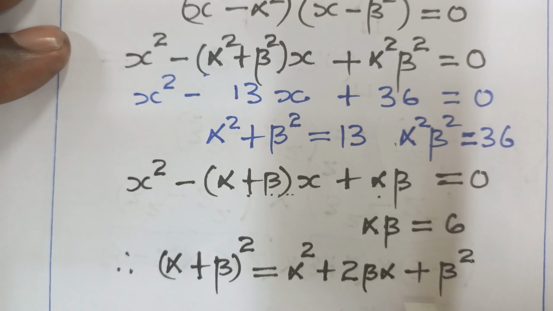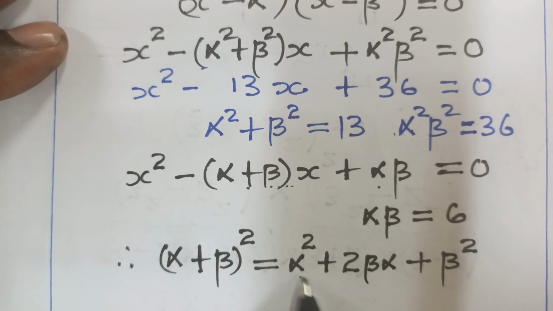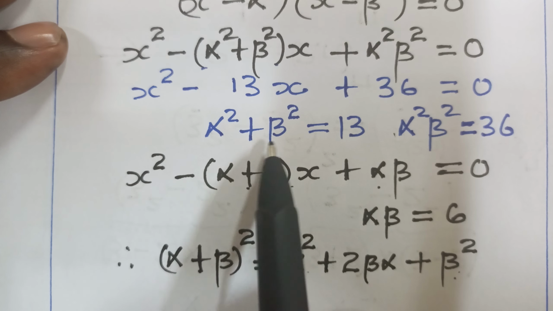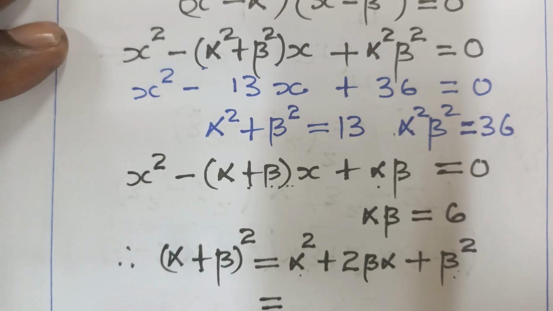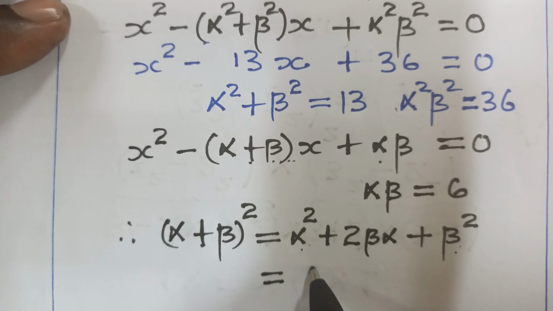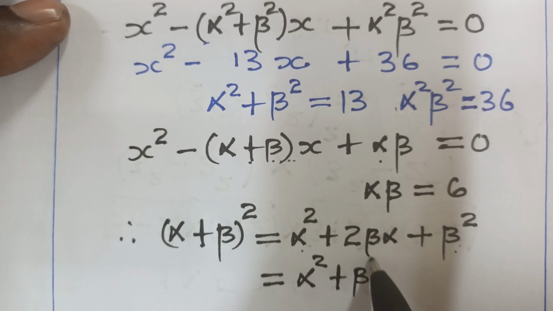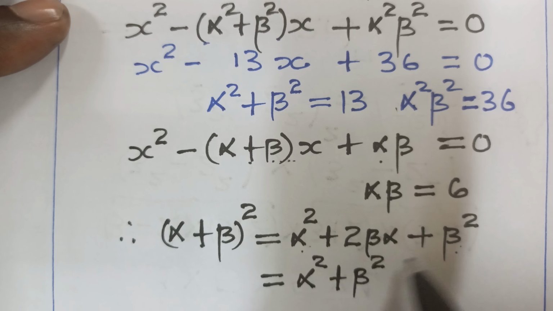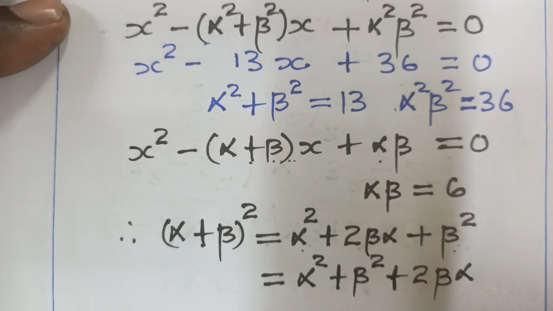Guys, we have an equation like that. And now we replace these terms right here. As you can see, alpha squared plus beta squared is 13. So maybe I can write in the same form, alpha squared plus beta squared, now plus 2 beta alpha.